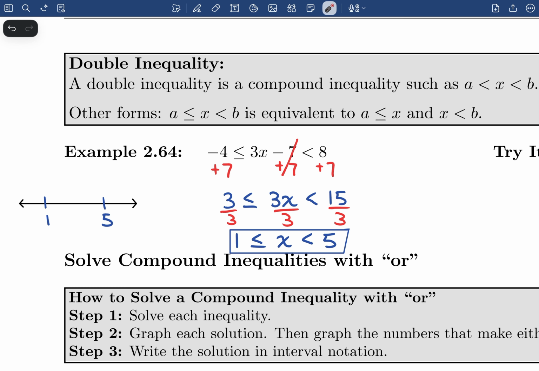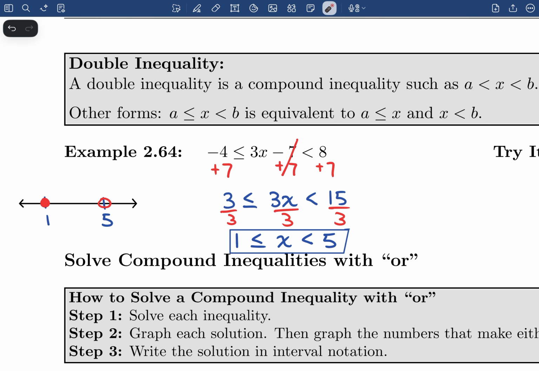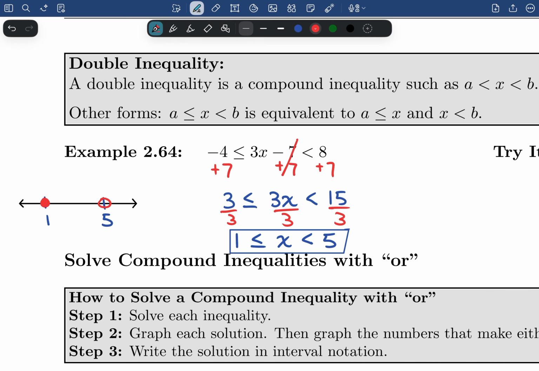And I can look at the inequality symbols and say, well, the 1 should have a closed dot, and the 5 should have an open dot, right? Because less than or equal to symbol here will be a closed dot. Less than symbol there is an open dot. And x, the variable, is all the values between them. And so I'm going to shade this region as my solution of the graphing.